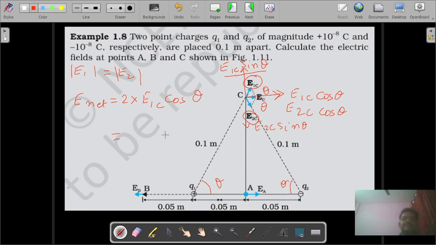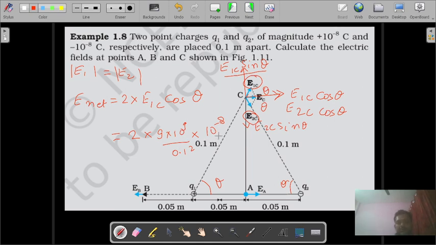So this would be 2 times E1C. E1 can be obtained by the formula K, that is 9 into 10 to the power 9, divided by R squared, times Q. So Q, either charge, we can write 10 to the power minus 8. The distance R is 0.1, so we put here 0.1 squared. So this is K Q over R squared.